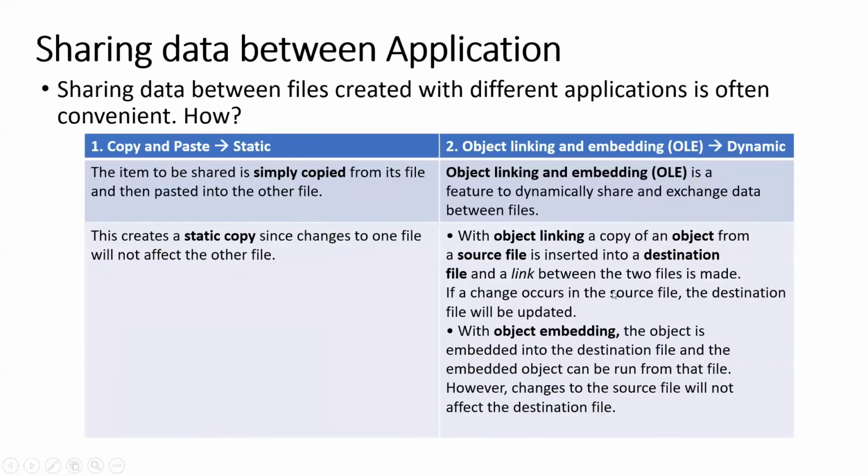A link between the two files is made. If a change occurs in the source file, the destination file will be updated. For example, in Microsoft PowerPoint, I hyperlink it to another file. Dynamic means if the file you linked has changes, it will also affect the file where you put the hyperlink, because the hyperlink goes to the other file. That is what dynamic means. It changes, it is not static.